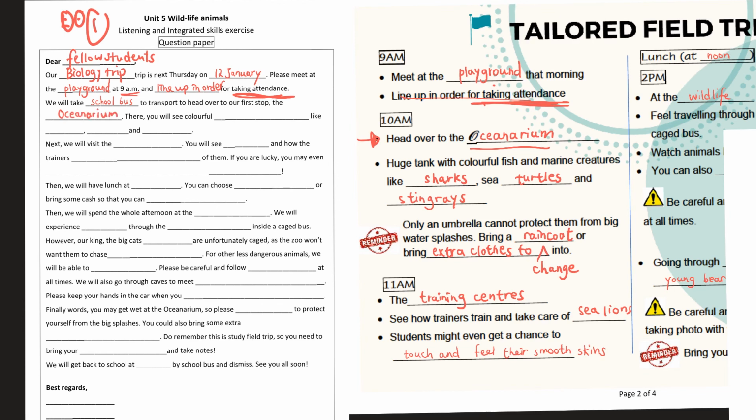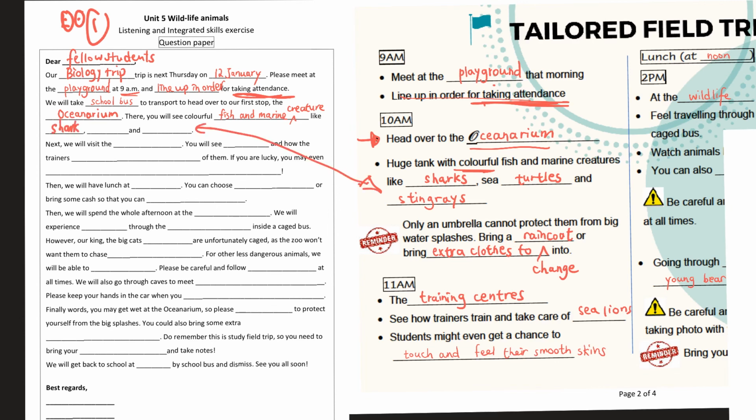Okay, so there you will see colorful what? You will see colorful marine creatures like sharks. Well, it's good if you copy fish, but marine creatures include fish, so it's a bit wrong with the data file actually. So like the three examples, you just need to copy from here to here.